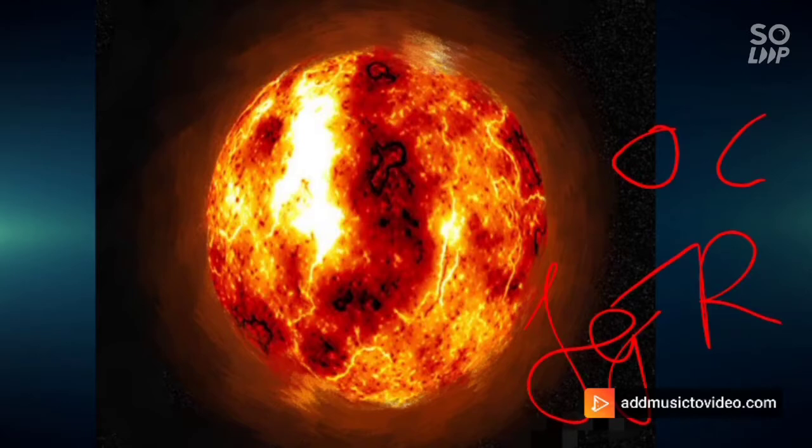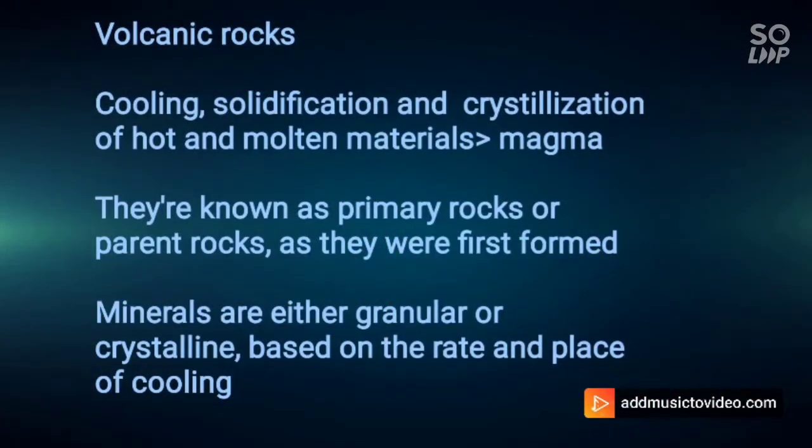Even today, wherever there is a volcanic eruption, the magma which comes out and cools is known as igneous rocks. Igneous rocks were the first rocks and those rocks are found even today. They are volcanic rocks.